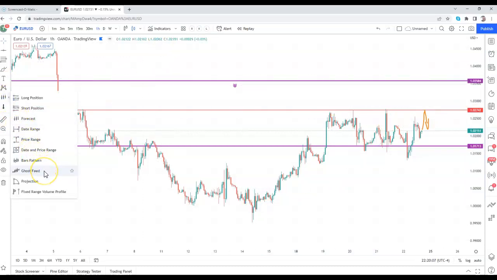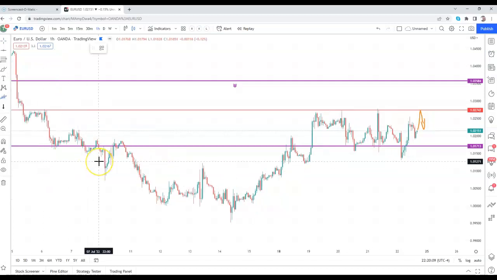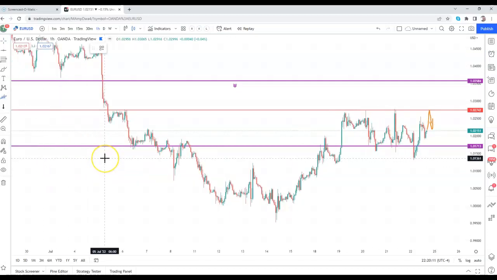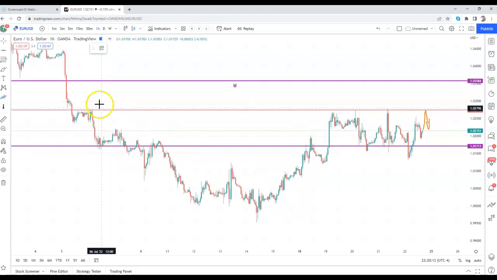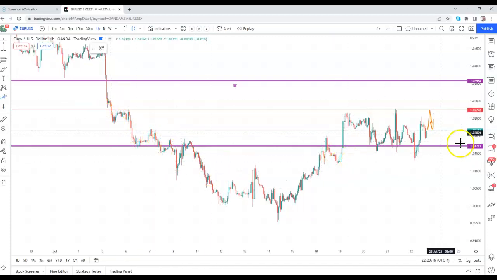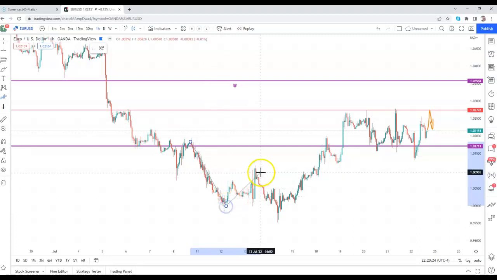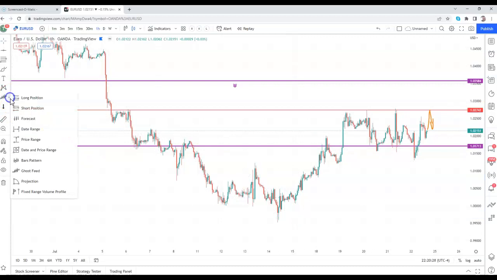Then the bars pattern. This is for the more advanced traders who are trying to anticipate price prediction.